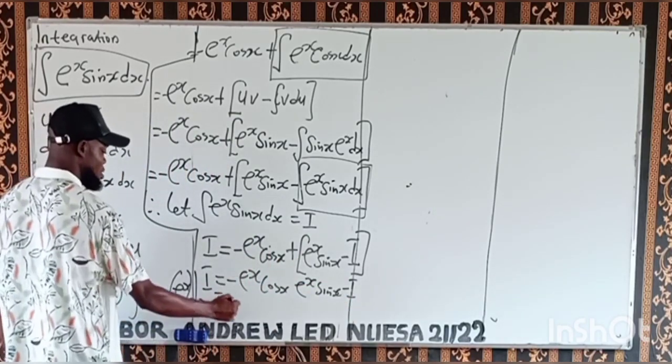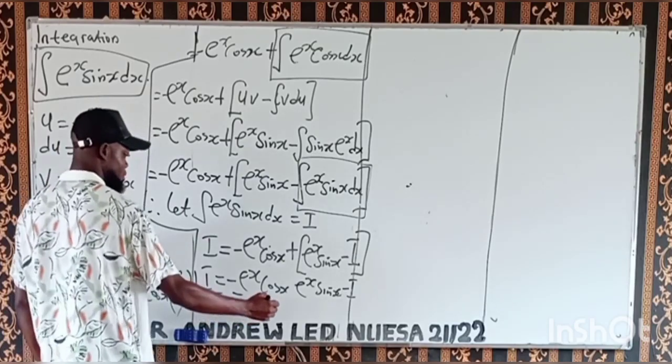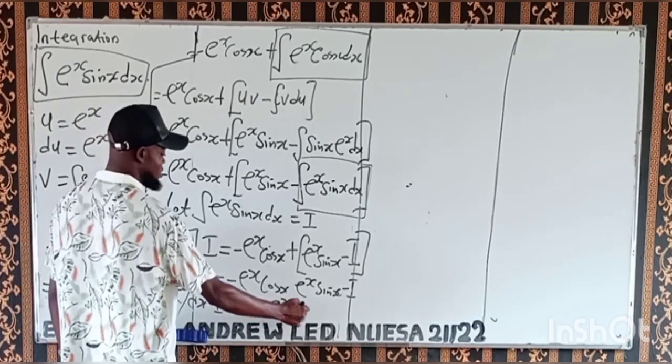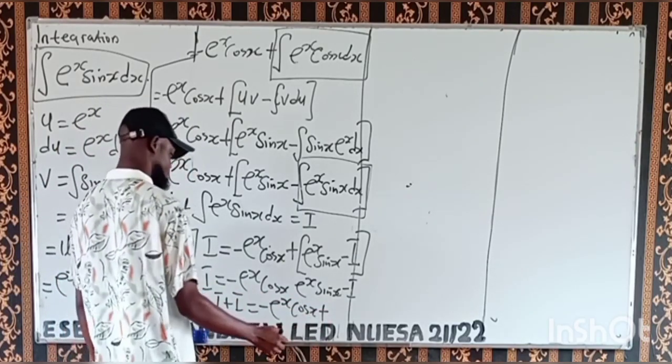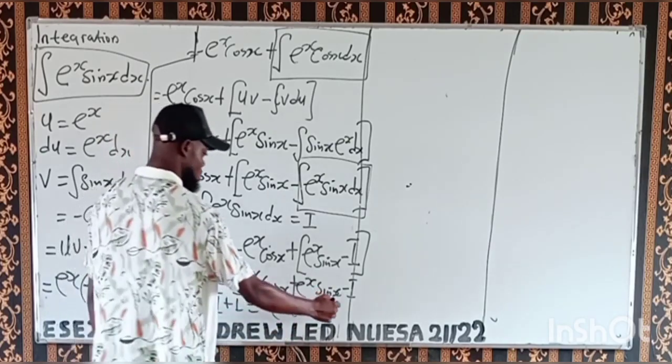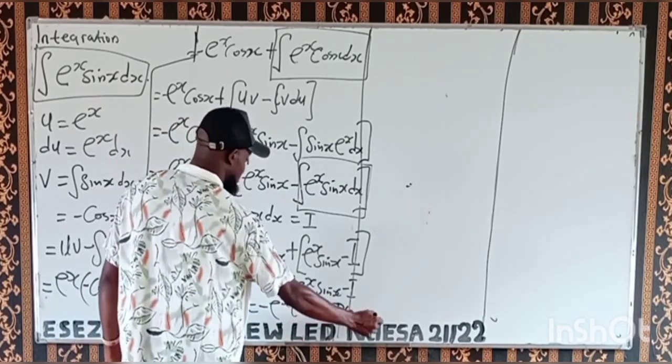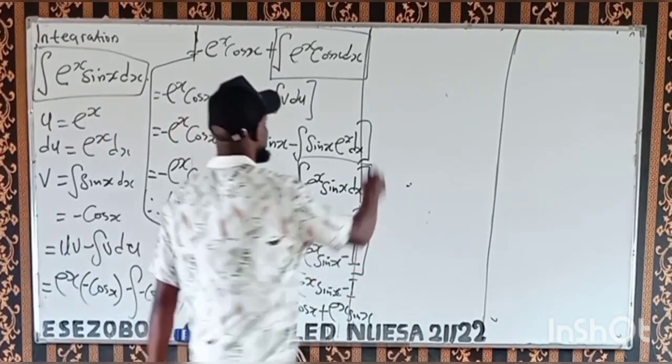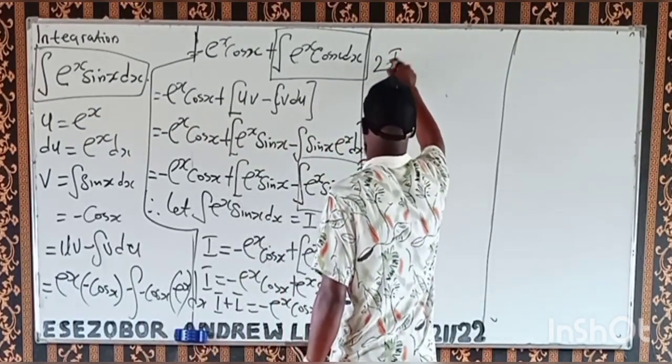We have I plus I is equal to minus exponential x cos x plus exponential x sin x. I plus I is 2I.